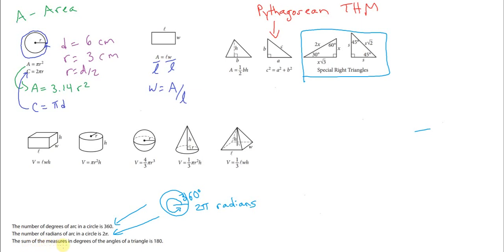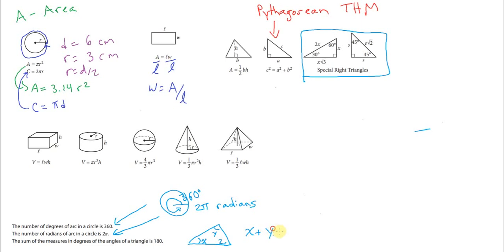The sum of the measure in degrees of the angles of a triangle is 180 degrees. So we often use a slightly different set of words for this. We usually say the sum of the interior angles of a triangle add up to 180, and that just means that for any triangle at all that you draw, if you add up these angles on the inside, let's call them x, y, z, they always equal 180 degrees.